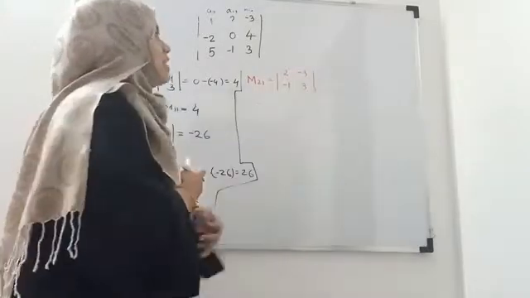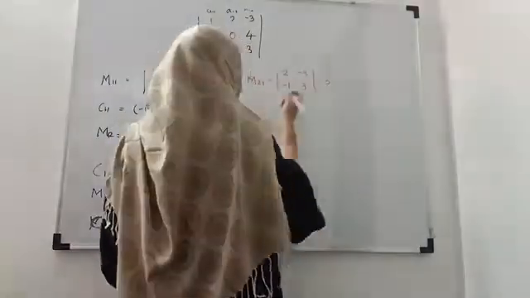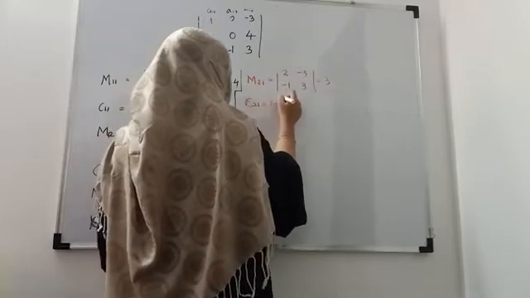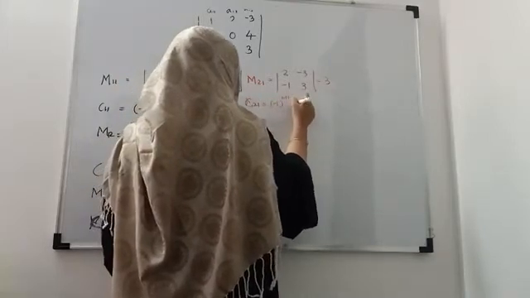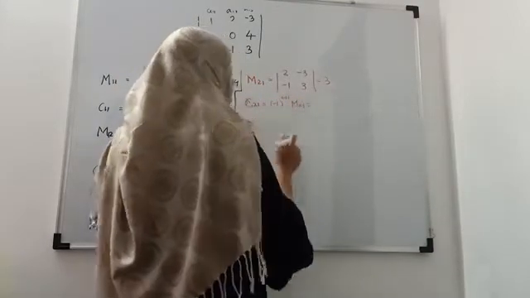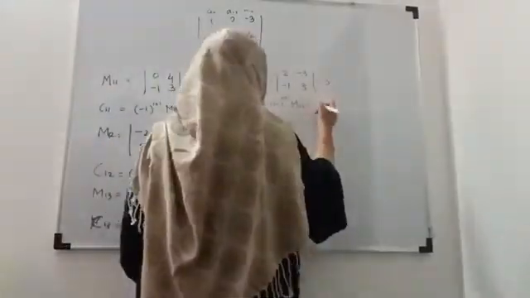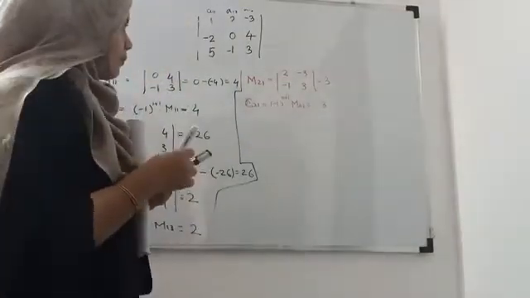So 6 minus 3 is 3. And what is C21? It is minus 1 raised to 2 plus 1 into M21. So minus 1 raised to cube, that is minus, and this is 3. So it is minus 3.